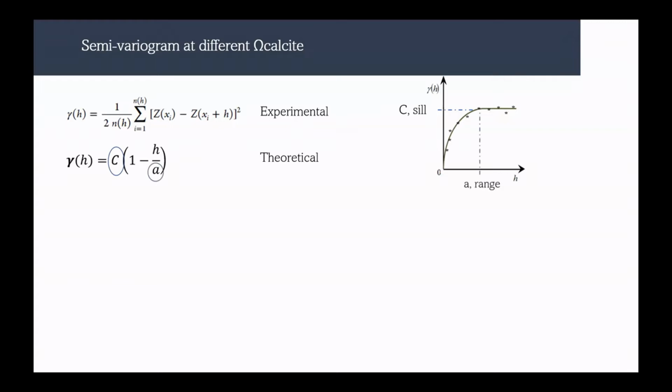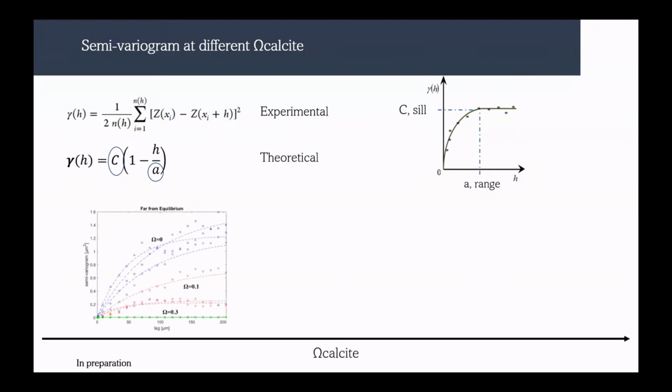And then we have a range, or a correlation length. This value represents the separation distance at which the data are no longer correlated. So for distances larger than this range, than this correlation length, the data are no longer spatially correlated.